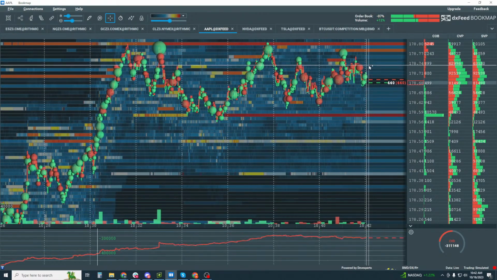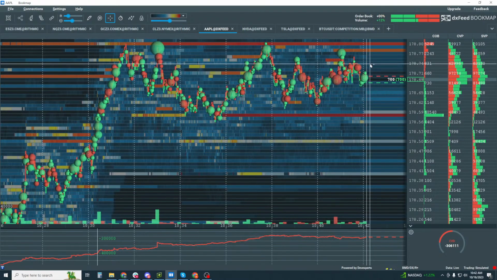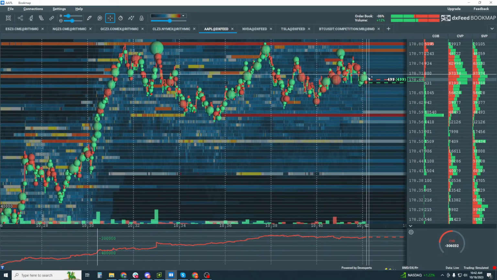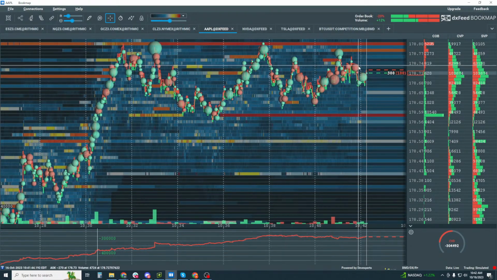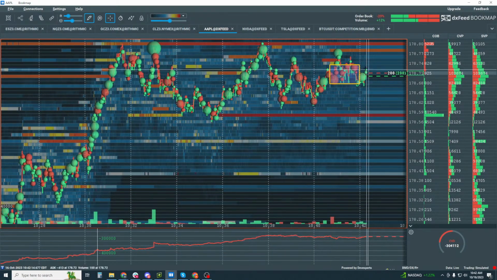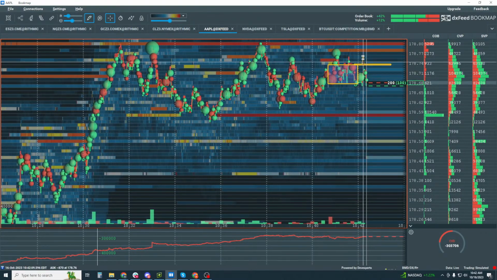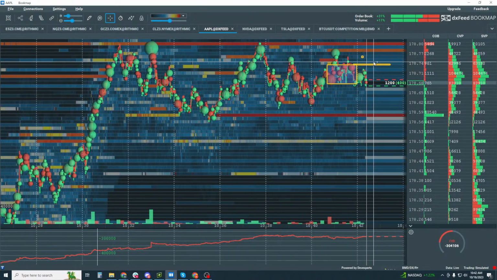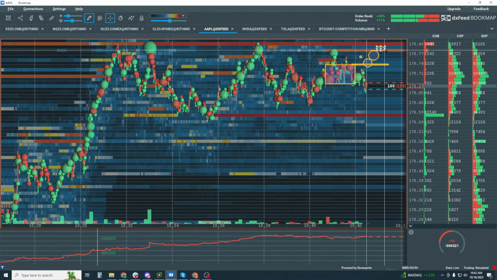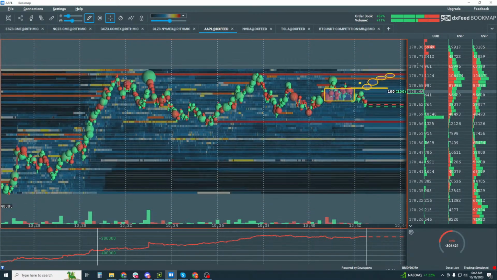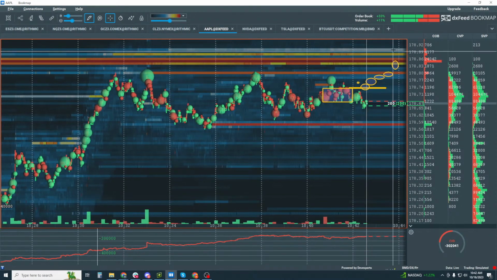I wouldn't look at it until we see buyers back up above 74 or around 74, not this buying here. I want to see buyers up here, see where the sellers came in in this area. We're looking for the buyers back up above that area, into this high liquidity at 178.80 on up.